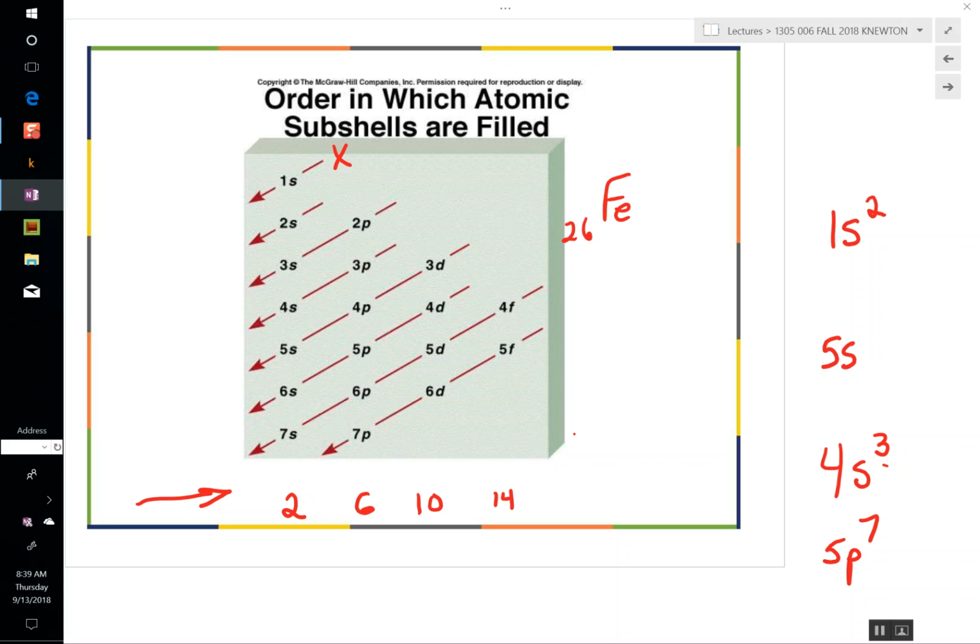Let's count off how many electrons. 2, 4, 6 is 10, 12, 18, 20, 36, 37. Okay? We didn't even do it. We just looked on the periodic table.